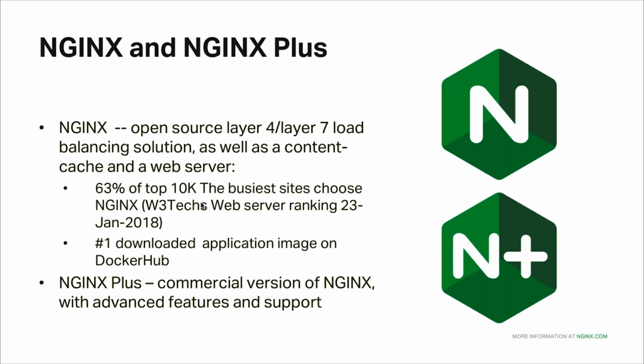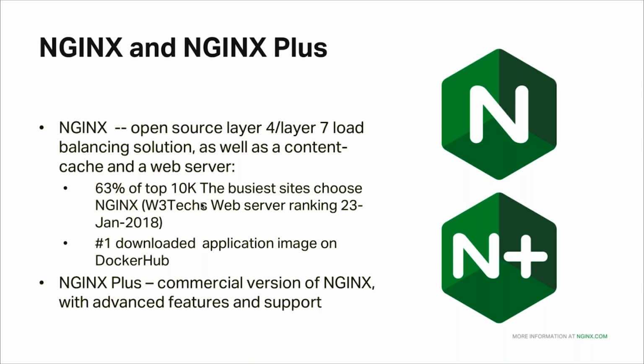According to the recent web serving ranking from W3Techs, NGINX was used to deliver 63% of the top 10,000 busiest websites. Also, NGINX is currently the number one downloaded application container image on Docker Hub. The fact that NGINX is lightweight and has a low memory footprint made it popular in the container world.